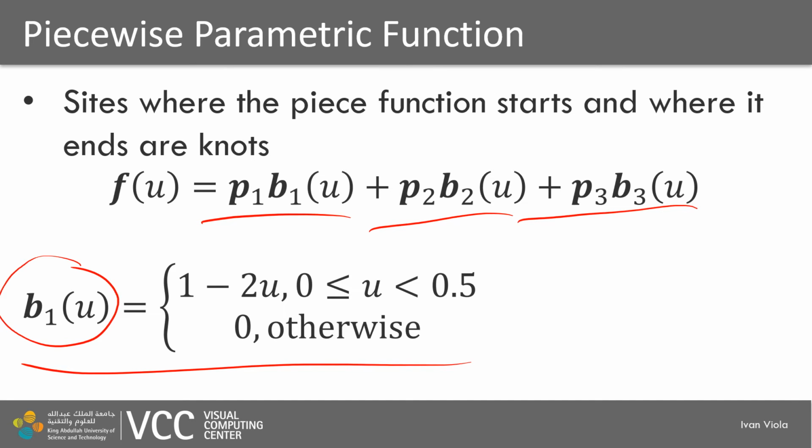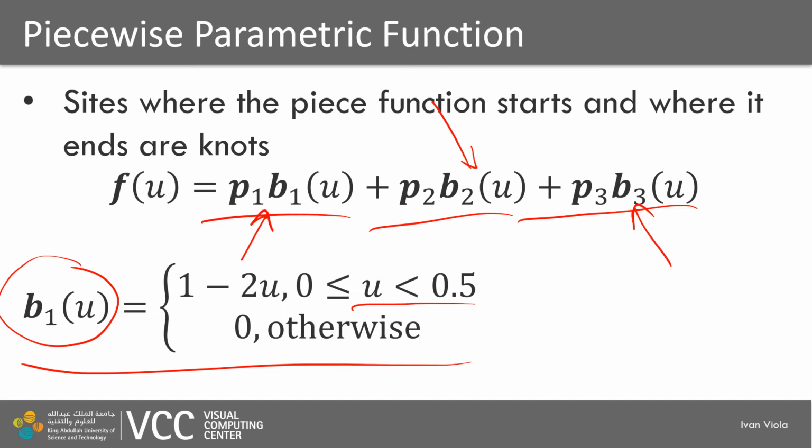We have here three terms, because there are three basis functions, although the first basis function is only defined on the range from 0 to 0.5, and the third basis function is only defined from the range 0.5 to 1. The B2 basis function is defined over the entire range, and therefore we will have all three terms and all the 3 points which are given at input.